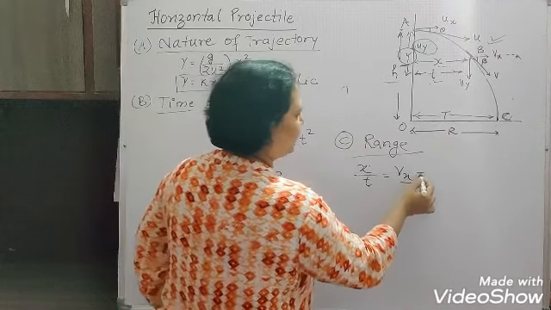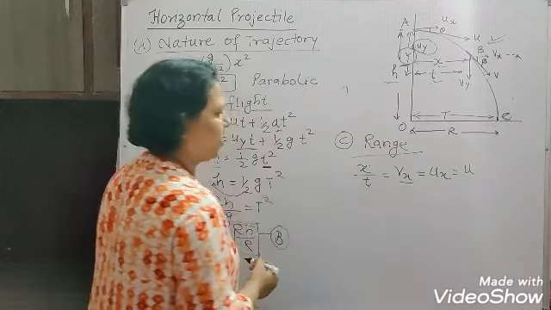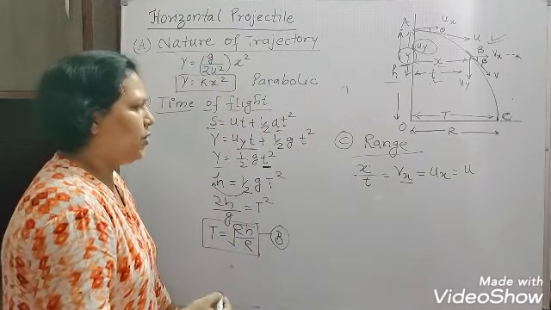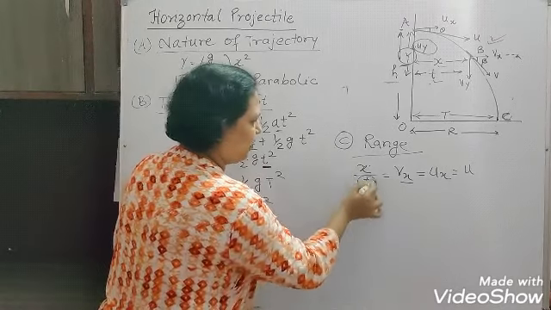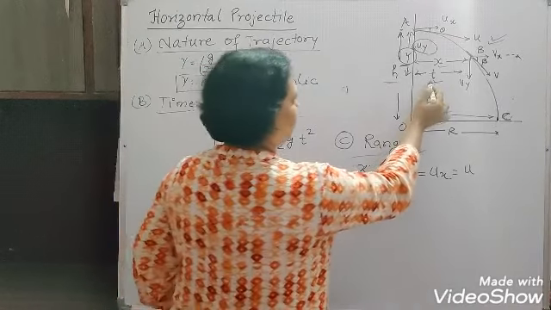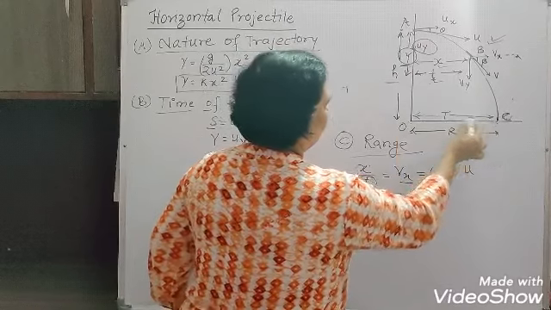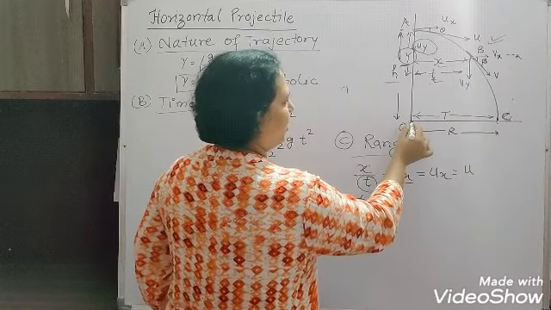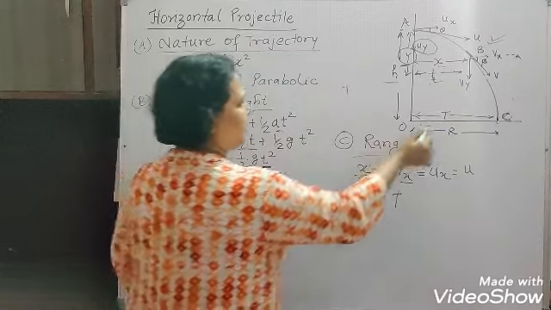Here this vx is equal to ux and it is equal to u. Okay, so you will find now, if we are calculating range, this small t will become capital T, the time taken to complete the distance from O to C.